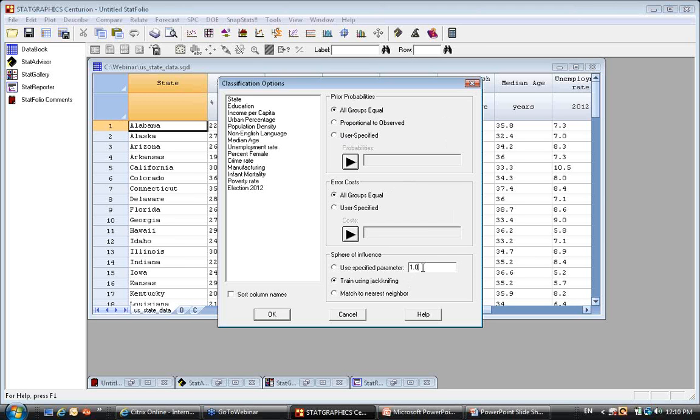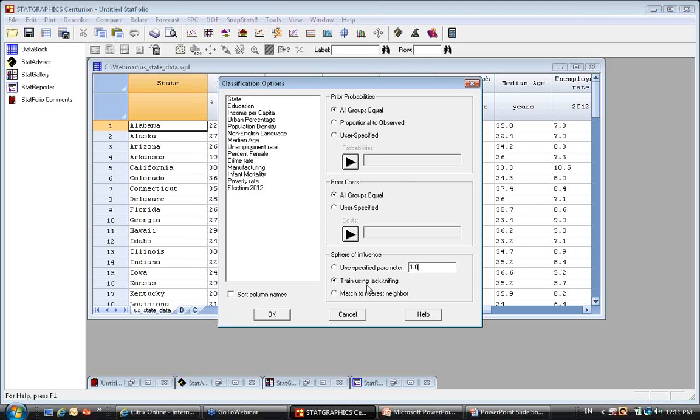I can either tell it what sigma to use by putting in 0.5 or something like that, or tell it to train using jackknifing. If it trains using jackknifing, it will start with a particular value of sigma. It will, one at a time, remove each of the 50 states, run the procedure, and try to classify the state it removed.